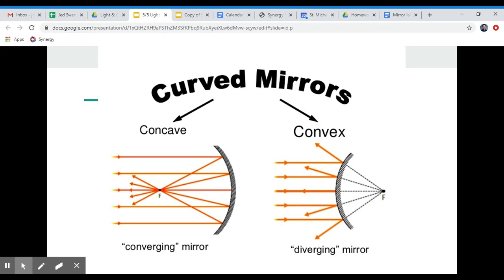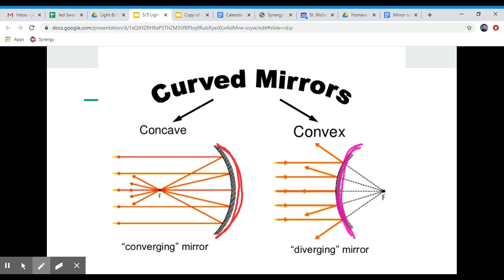I'm sure you guys have heard these terms before, concave and convex. The way that I remember them is concave: the mirror itself looks like it's caved in. It looks like somebody just came in here and punched it, and so it got caved in. And then you have convex lenses, and those are the ones that bow out.